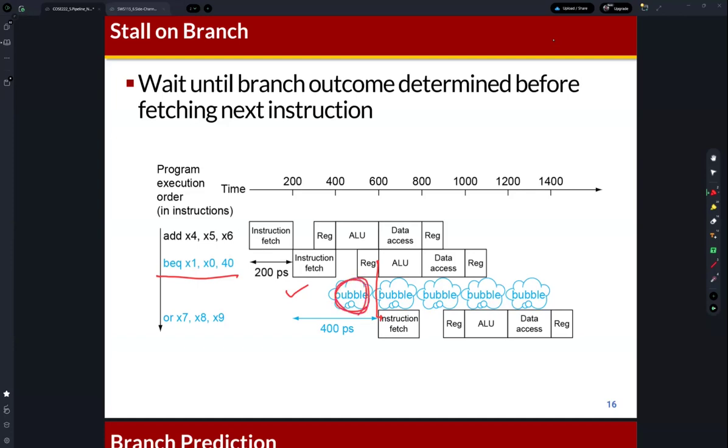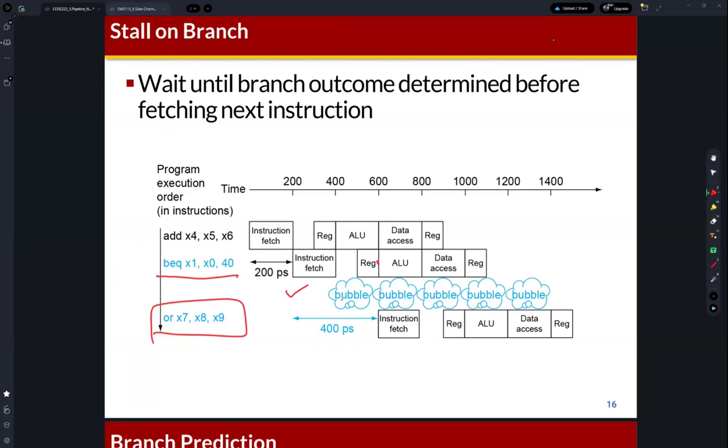So it's not possible to fetch the next instruction here. So the next instruction needs to wait 1 clock for this case. But without optimization, the next instruction needs to wait for 3 clocks.